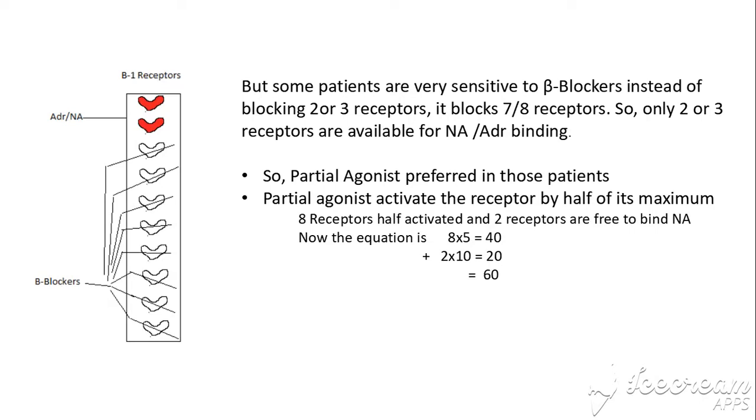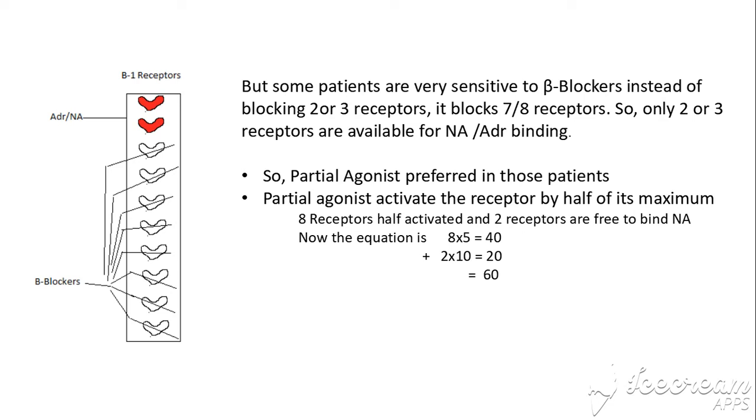In such a case, we need specialized beta 1 blockers, or we can say we need a partial agonist. Partial agonists are the drugs which activate the receptor by half of its maximum.